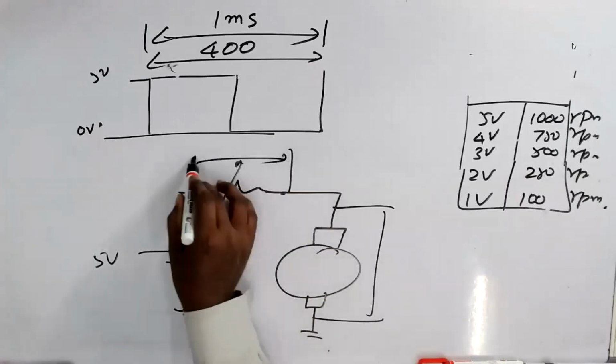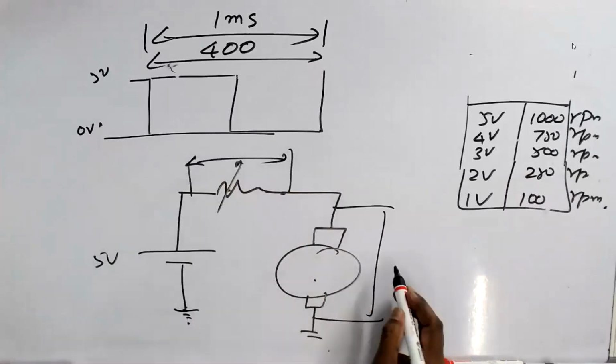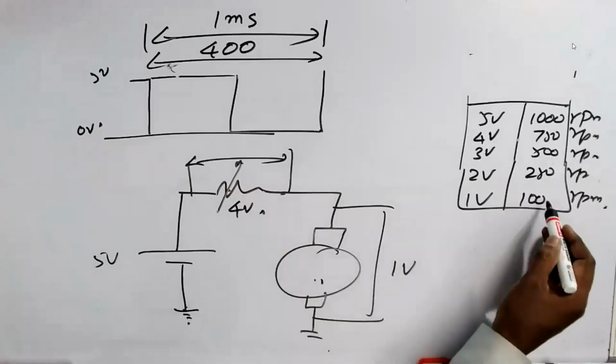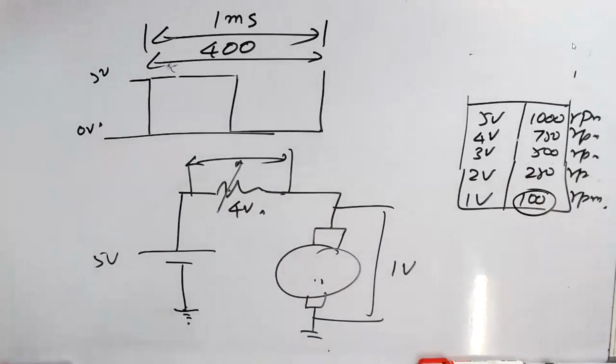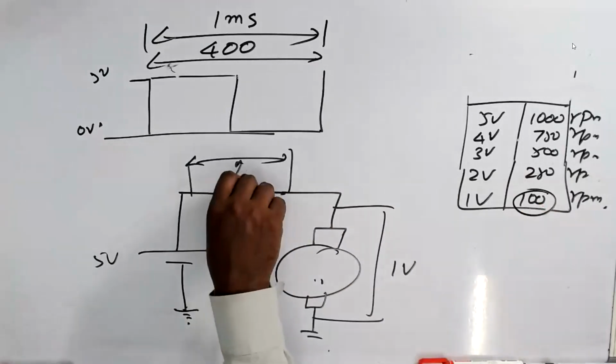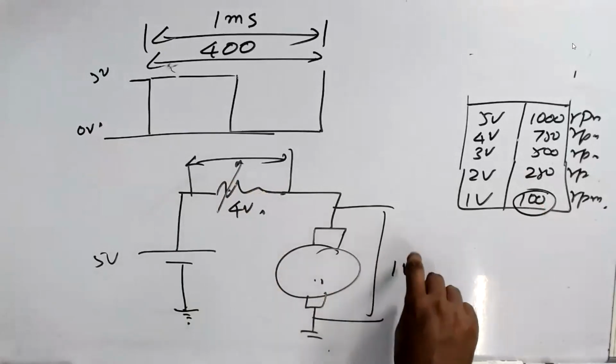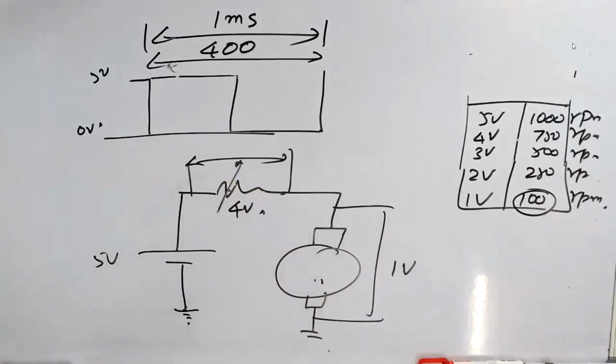If I give 1 volt, the motor will rotate at 100 RPM. That is what you are doing in the fan. You are controlling the regulator, so you are controlling the current, so the voltage is changing.